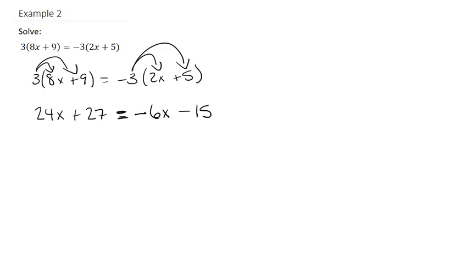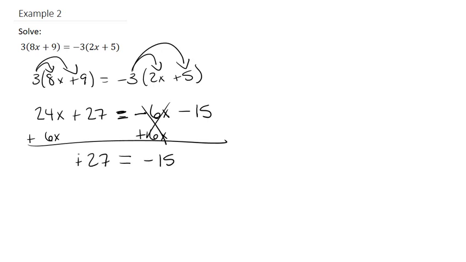Our next step then, as we have now simplified it, is to get x's to one side. Let's add 6x to both sides. It's going to get rid of it on the right-hand side, and we're just left with negative 15. We have 27 here. Now 24 plus 6 is equal to 30, and we leave it as x.